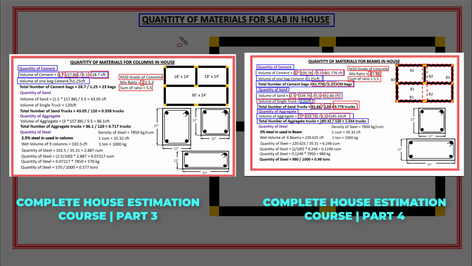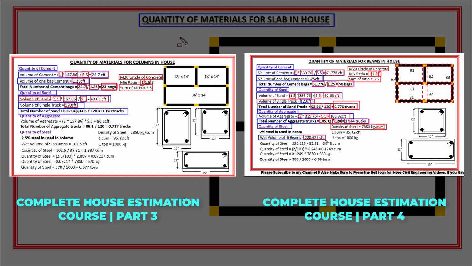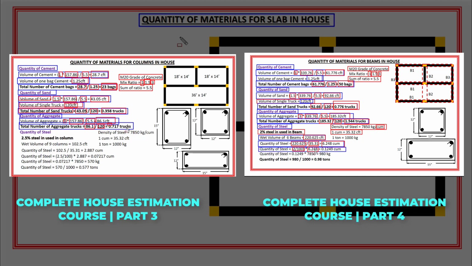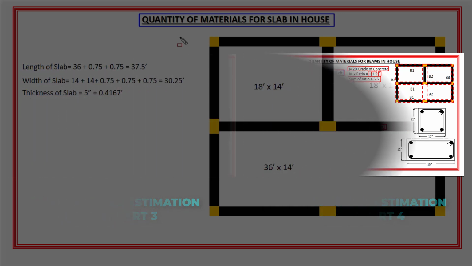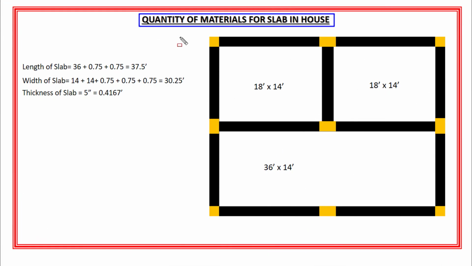Also I have discussed how to calculate the total number of cement bags, total number of sand trucks, total number of aggregate trucks, and also the total amount of steel used in the construction of columns and beams of a house. So if you are new and haven't watched those two videos, then it's a request, please watch them so that you can understand this video in a better way.